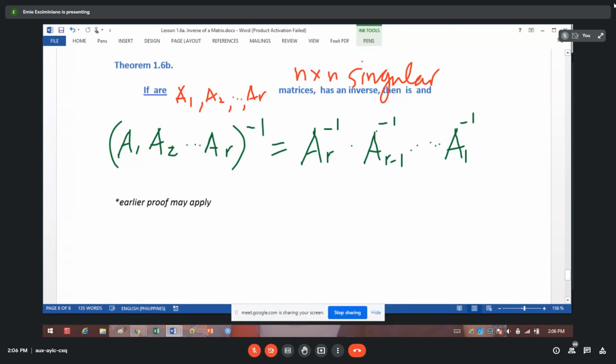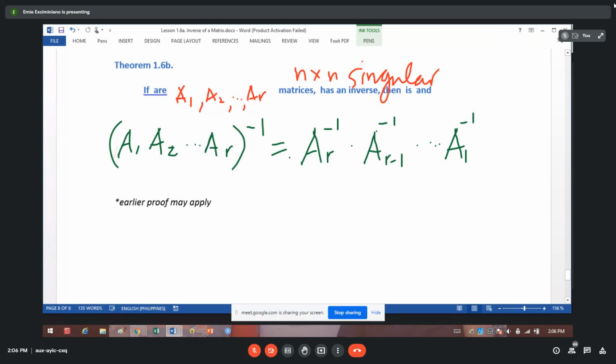It means that if you're taking the inverse of the product of multiple matrices, that is just the same as multiplying their respective inverses in descending order of the matrices.